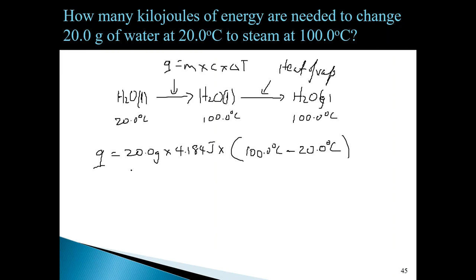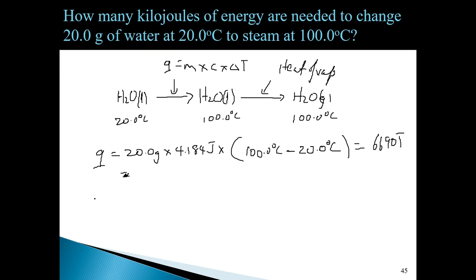And I'll work that out. In fact, let me put the answer here. So that's 100 minus 20, that's 80, times 4.184 times 20. So I'll round this off to 3 sig figs, which would be 6690 joules.